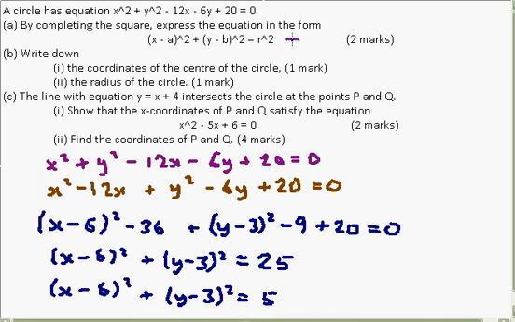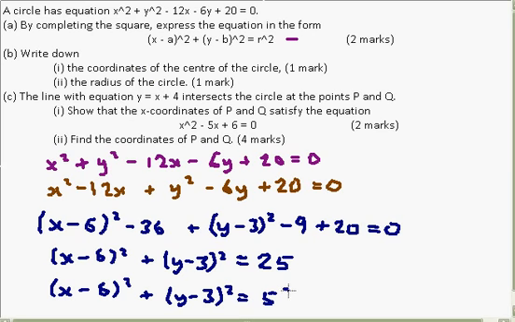Okay, so that covers the first 2 marks. The next 2 marks are very, very easy. Write down the coordinates of the centre of the circle for 1 mark. So that's 6, 3. And write down the radius of the circle.